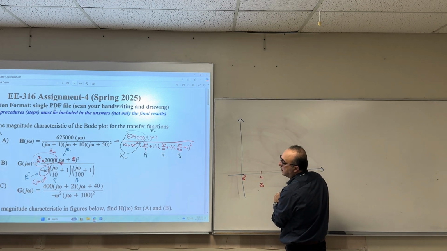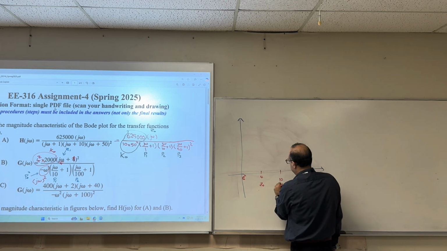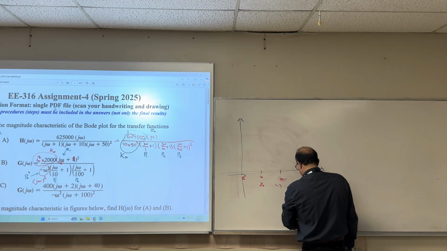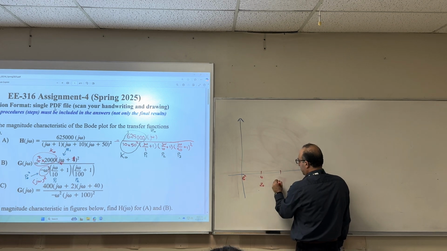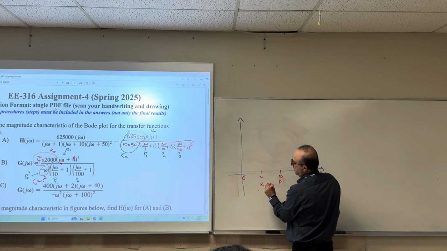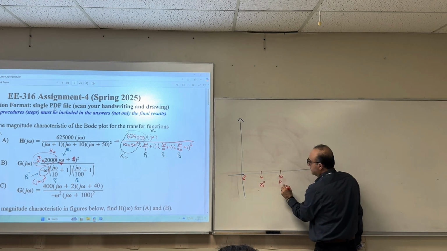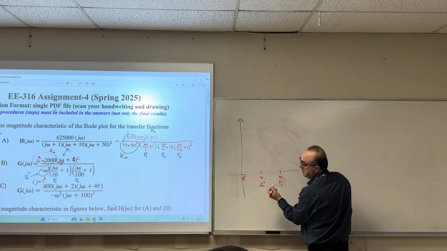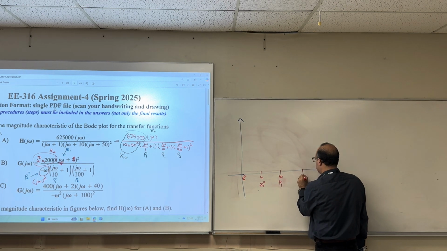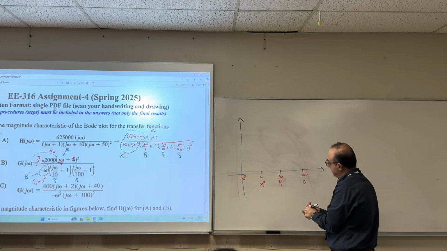Then I have something at 10, which is also a pole. Actually, this is also to the power of 2. P1 is 1 and 100, P2. Okay, I'm ready to plot it.